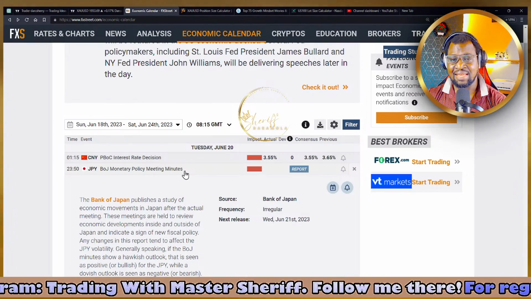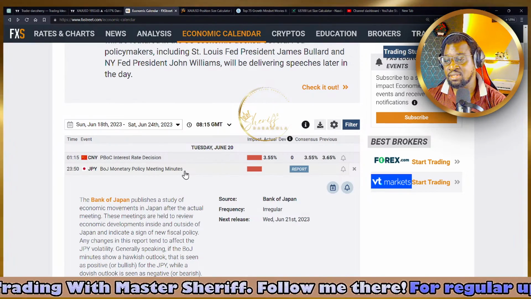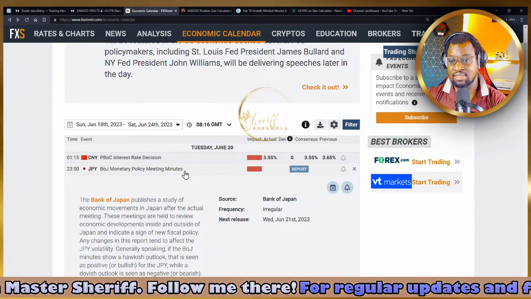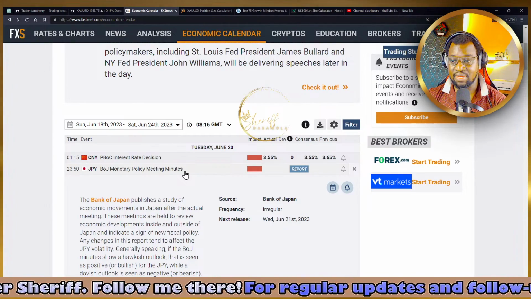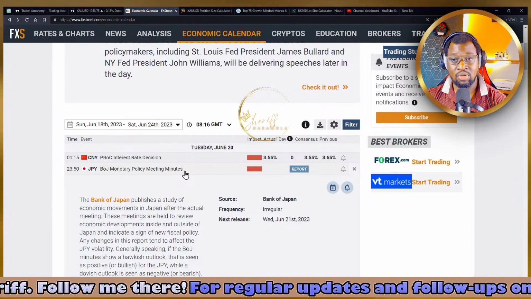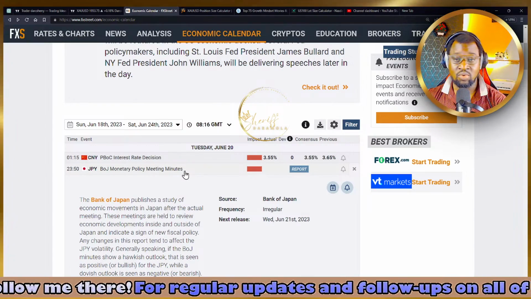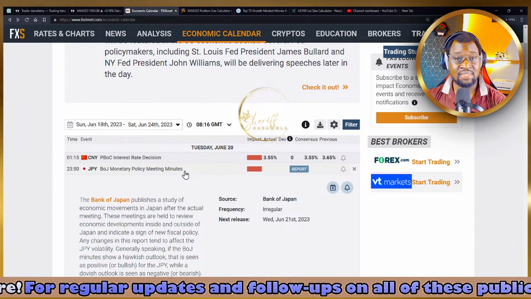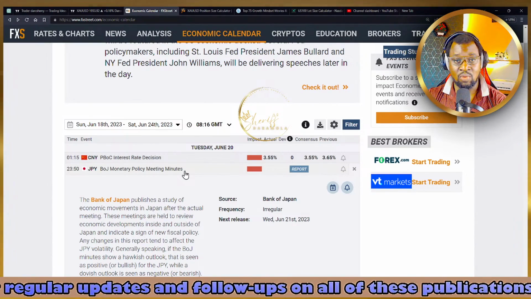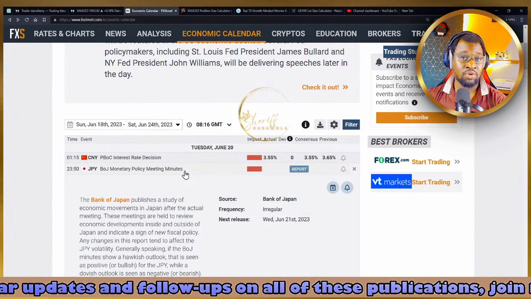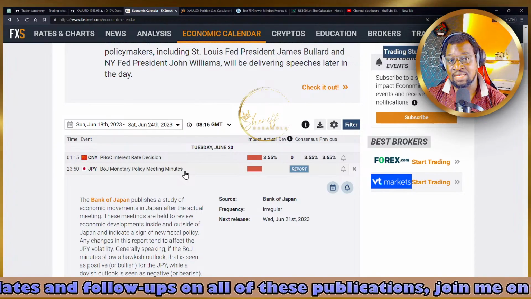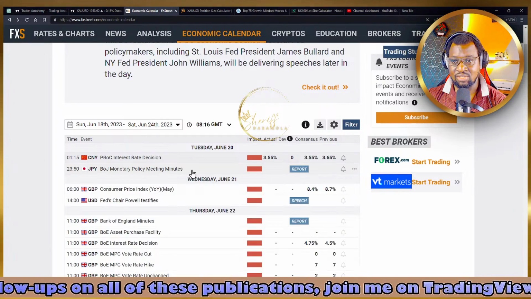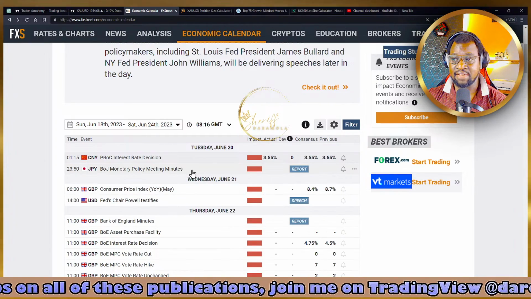But I'm of the opinion that the policy is still remaining unchanged, based on what has been said in the last couple of weeks as regards the monetary policy in the Japanese economy. We are going to be looking forward to that, especially on the USDJPY. We obviously want to see how the market will be anticipating this event, looking out for technical patterns and structures that we are going to be using to position ourselves appropriately ahead of this event. So that is that on the economic calendar for today.